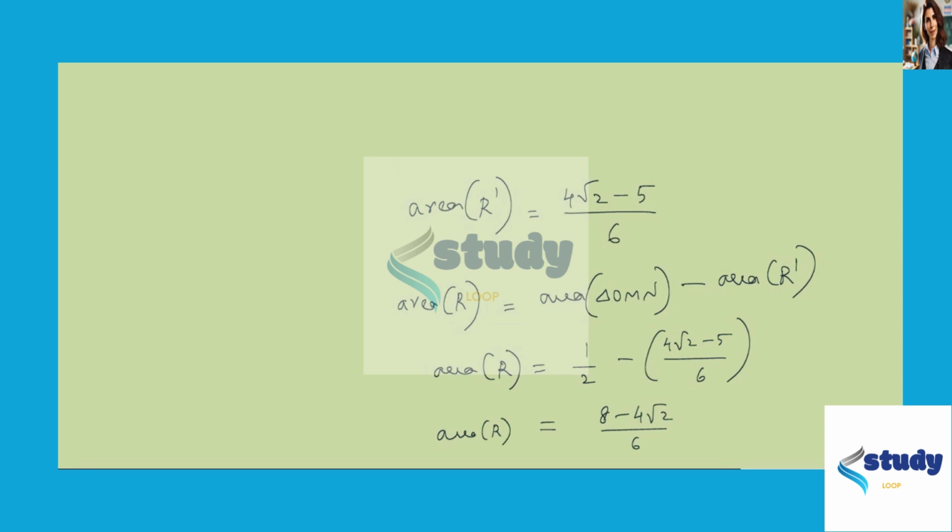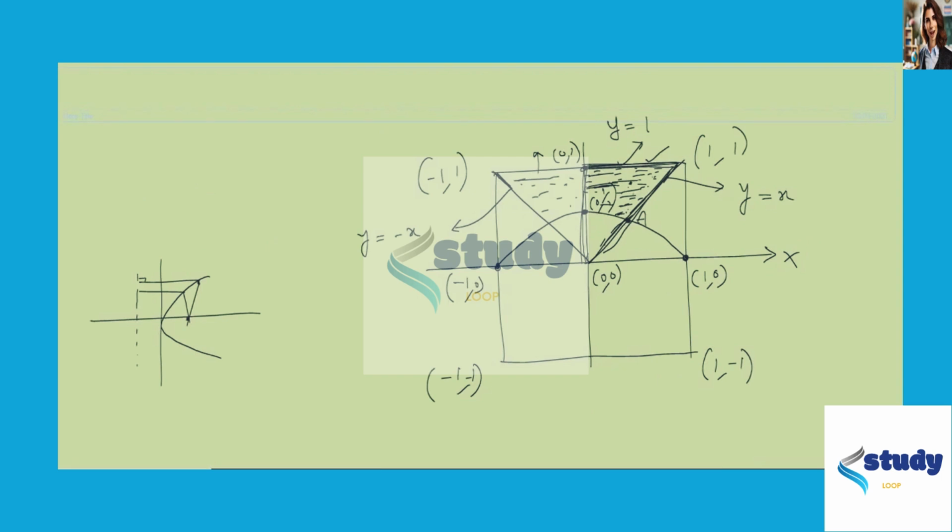Now we need probability, right? So the probability is given by the area of the required region R divided by the total area, because I am taking only one symmetrical part. Only this part I am taking. So we have calculated the upper part of the area, that is the dotted area R. For probability, I should divide by the total area.